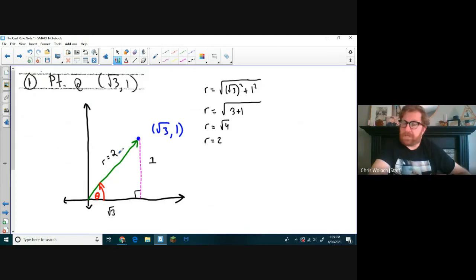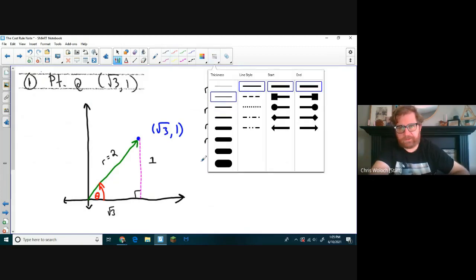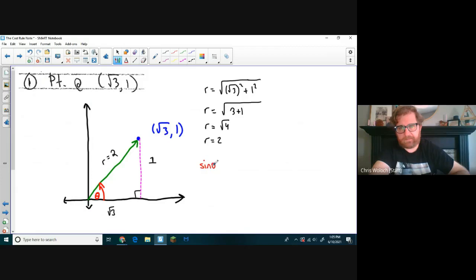So again, hopefully none of that is new, and everyone is totally aware of how we did that. Next, we would find out our trig ratios. So we'd say sine theta equals opposite over hypotenuse, or y over r, so 1 over 2. Cos of theta is x over r, so √3 over 2.